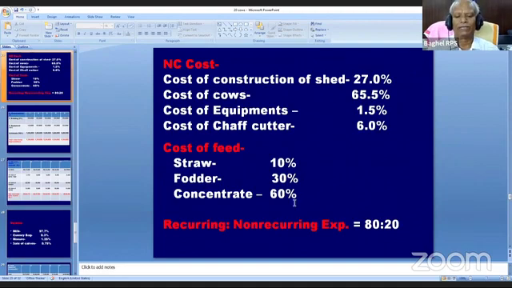No doubt, it will vary depending on the quantity you give to your animals. And overall, the recurring and non-recurring expenditure is in the ratio of 80-20. This is normal, but it will all depend on your efficiency. The ratio will vary.